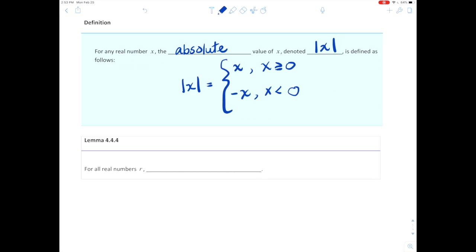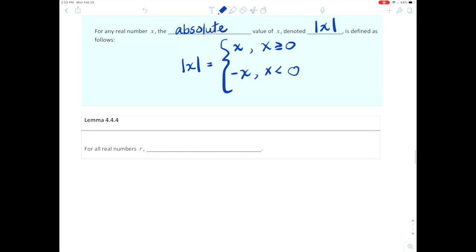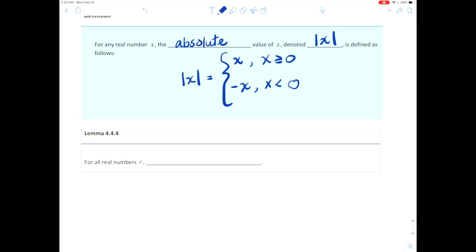So we're going to show this definition and a couple of lemmas so that we can do this really cool proof for the triangle inequality, which you'll actually learn more about when you're in linear algebra.